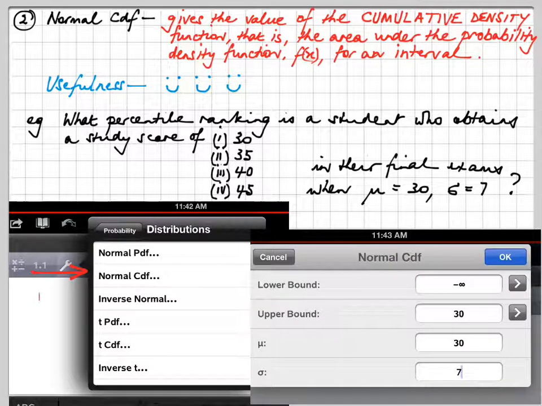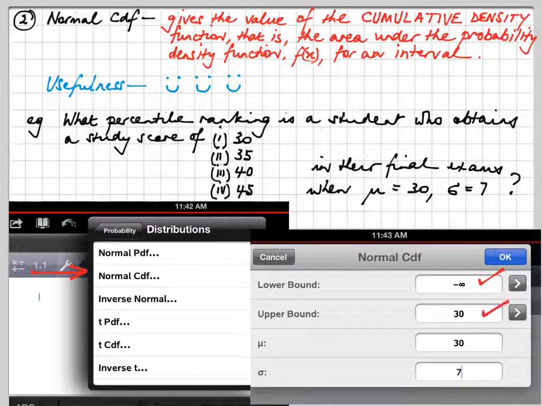Now, what you do is you select the lower bound as minus infinity, in other words, coming in from the left-hand side. Your upper bound is a study score of 30, so you want to know where you are if everybody is below you and you got a 30, okay? From minus infinity up to your score of 30, and the mean is 30 and the standard deviation is 7.